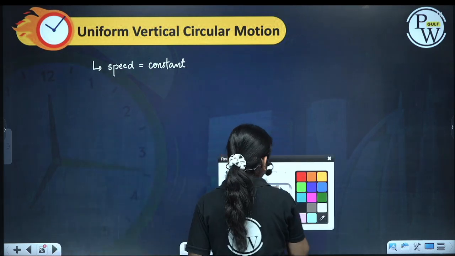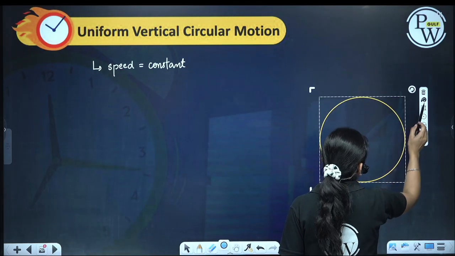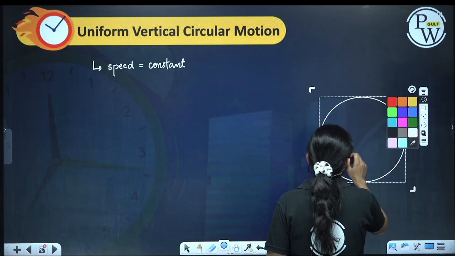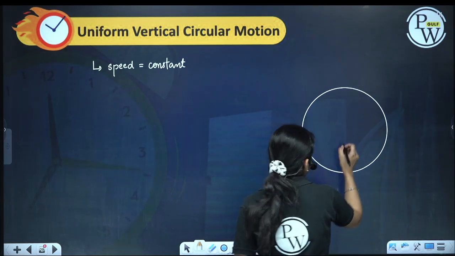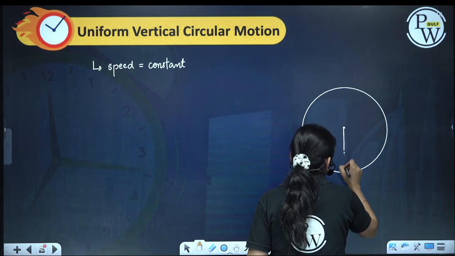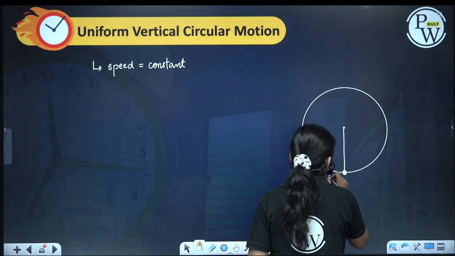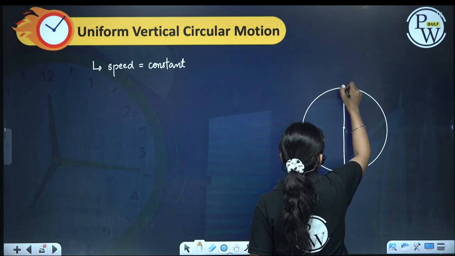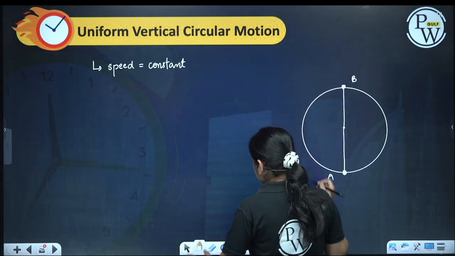So if we have the particle at A or B, this was my A and this was my B. Speed is the same.